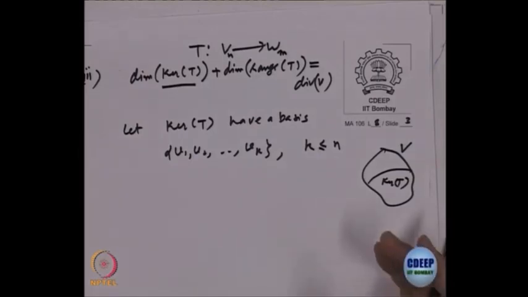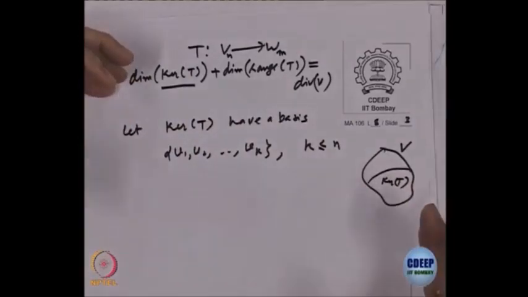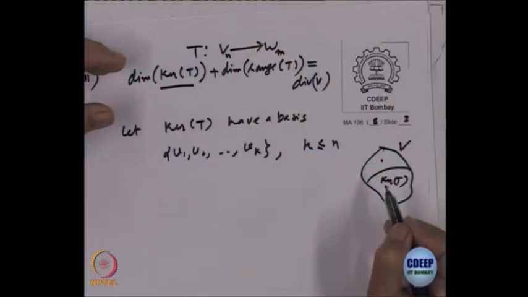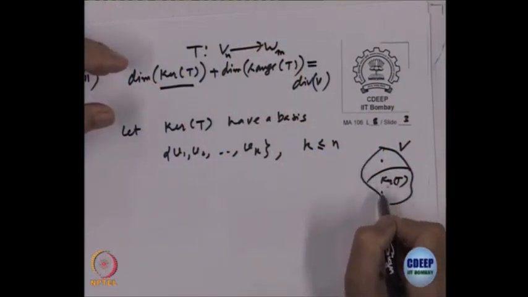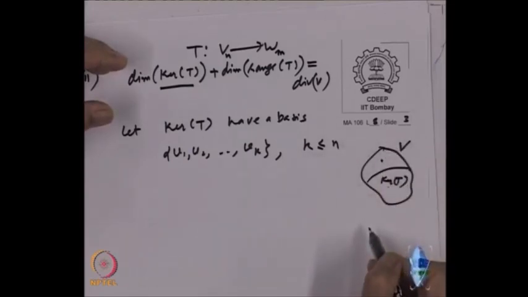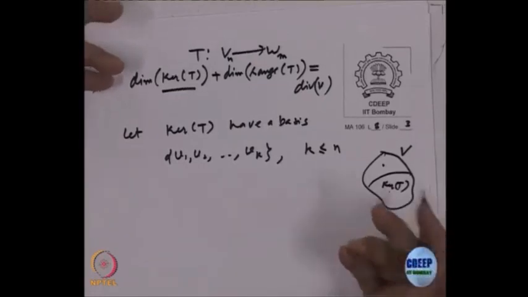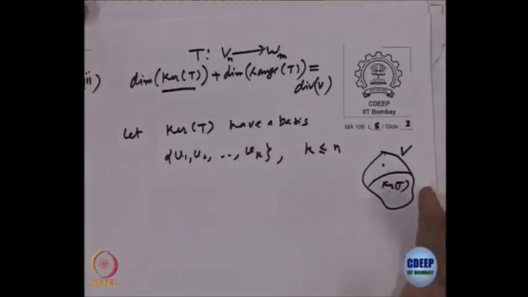So, kernel we have taken with a basis, but the whole space also has a basis. What we are trying to do now is enlarge this given basis of the kernel to a full basis of V. I can go on adding more and more non-zero elements till I get n linearly independent elements. Because if the kernel is not the whole of V, there must be a vector outside, a vector which is not a linear combination of elements of the kernel. Add that to the basis of the kernel, you get k plus 1, and probably that itself fills everything. If not, take one more and add, till you get n linearly independent elements.